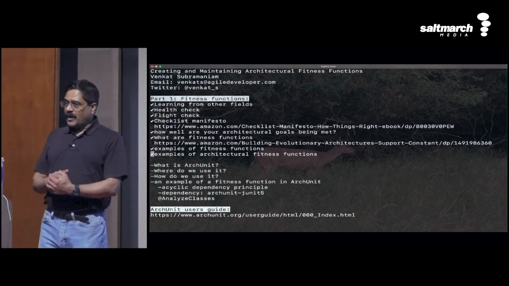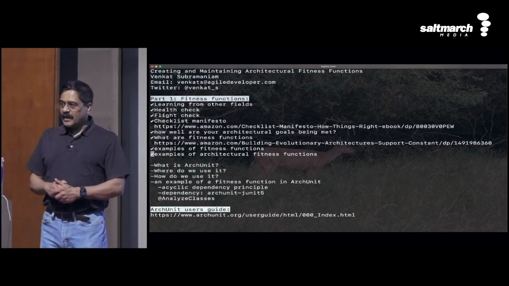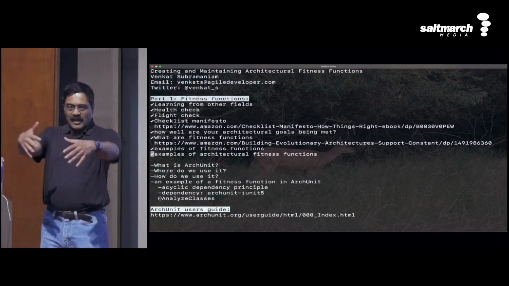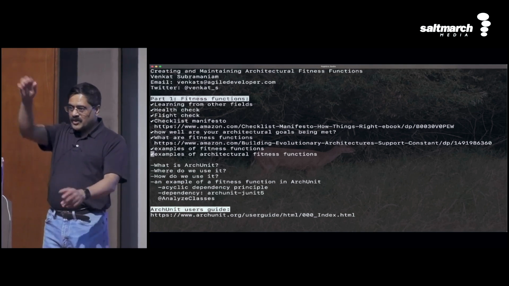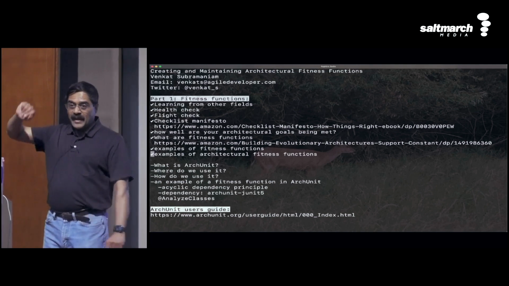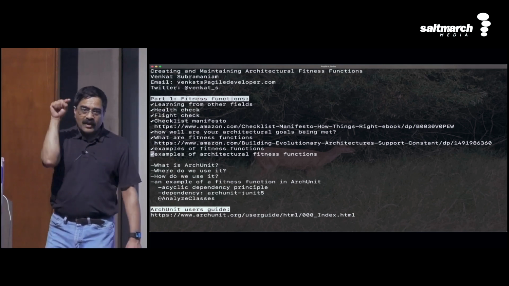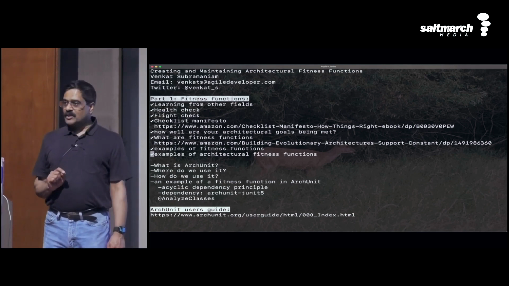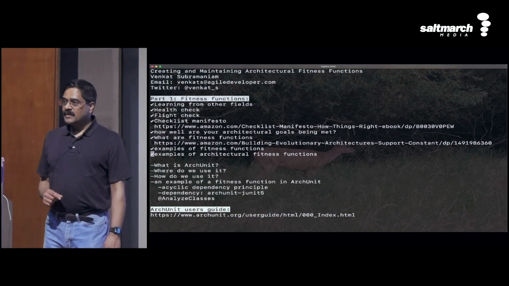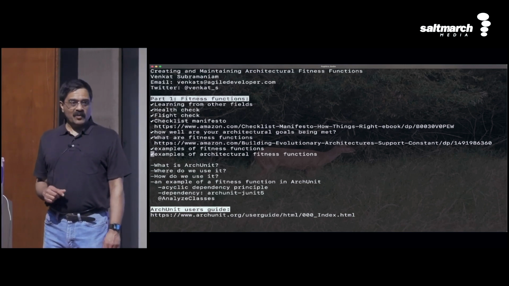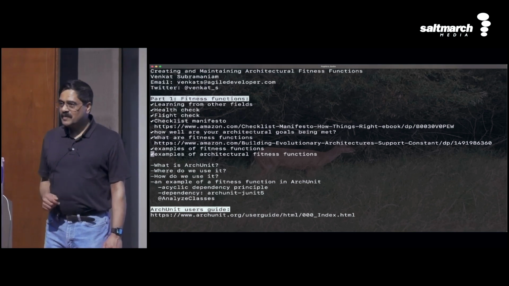And right in the morning on that Friday, their architect sits down. The team is with us. He opens the source code. He opens the IDE. He is about ready to click on a file. And he looks at me and says, Venkat. I said, yes. And he said, we know. I said, you know. He said, yeah, we know what not to do.